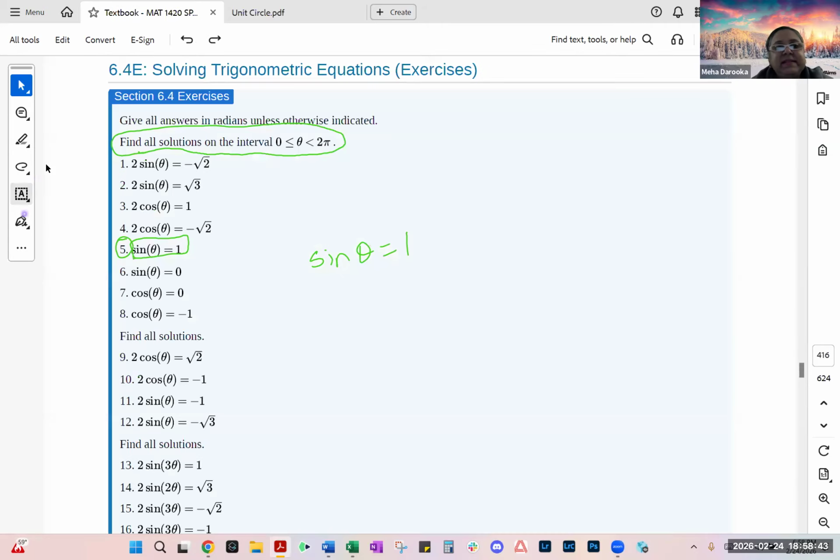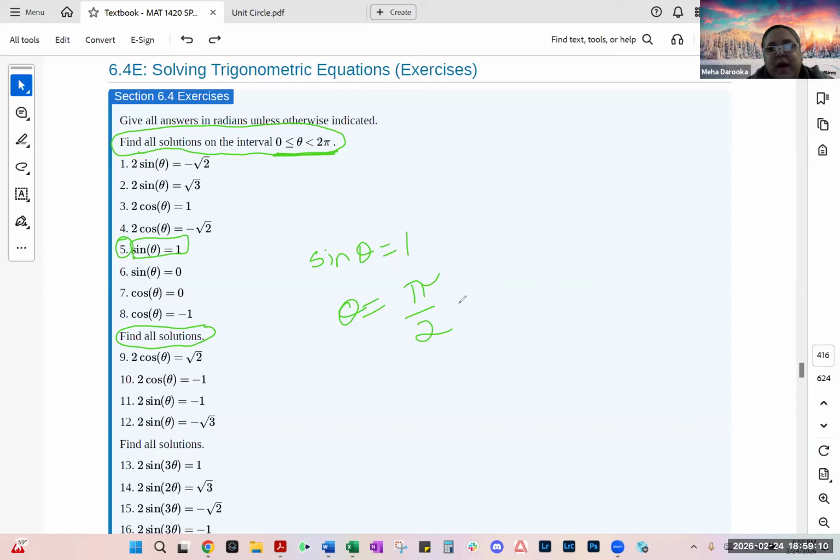So for this one, since they're specifically asking us to stay within that first interval, you will do pi halves, but you will not be doing any 2 pi k here because you only want to stay just one rotation. And once you come back from 0 to 2 pi, you stop. Am I making clear the distinction between what they wanted here and there?